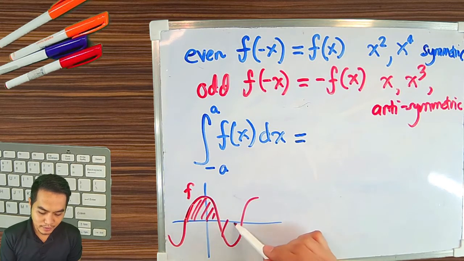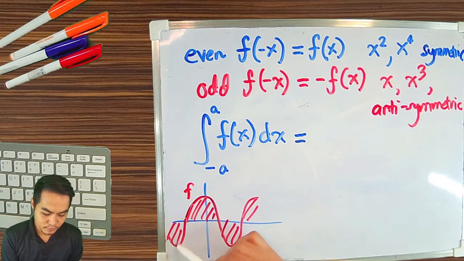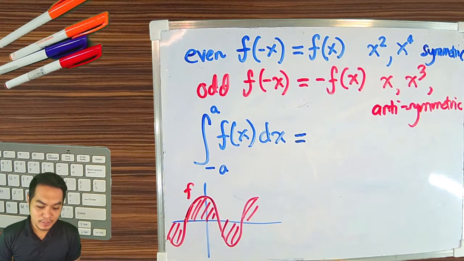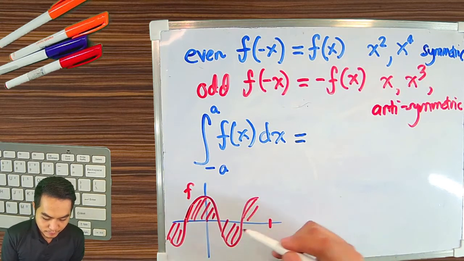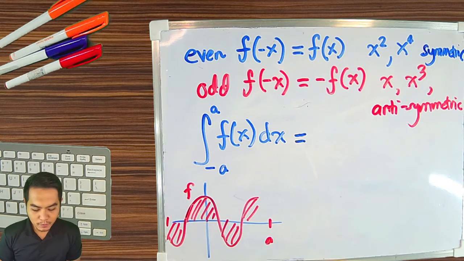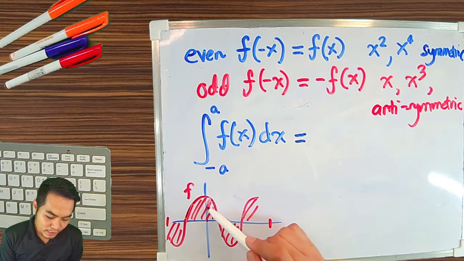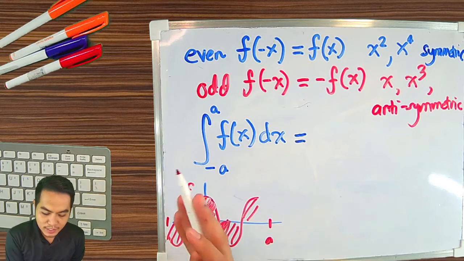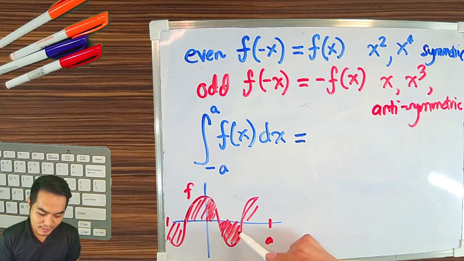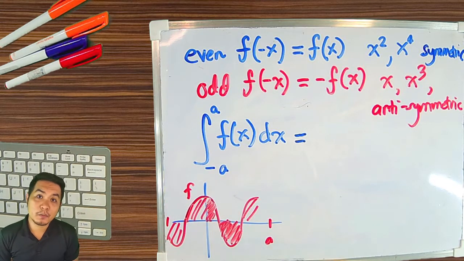This is a positive area, this is a negative area. Since it's symmetric, you can just solve for the area under the curve on the right side, on the positive x-axis, and then multiply your result by 2.